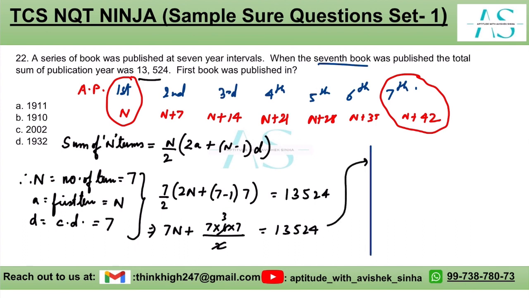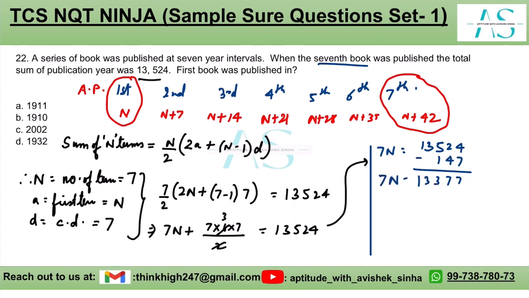Alright, what do we have? 7 sevens are 49. 49 into 3 is 147. So 7n is equal to 13524 minus 147, which is 13377.